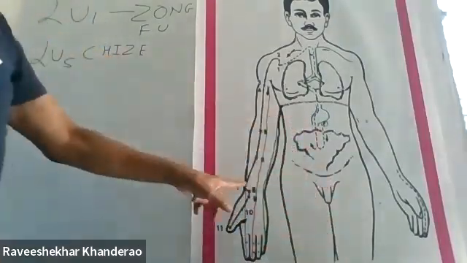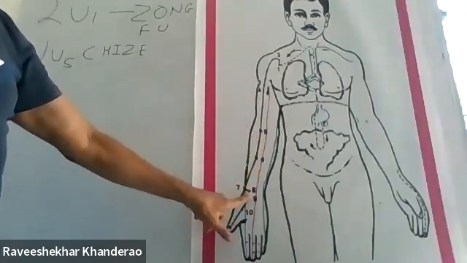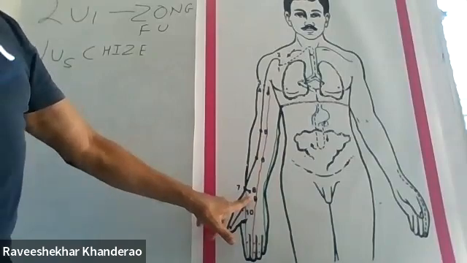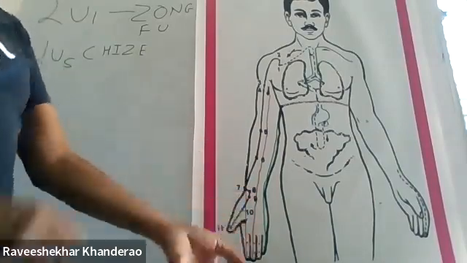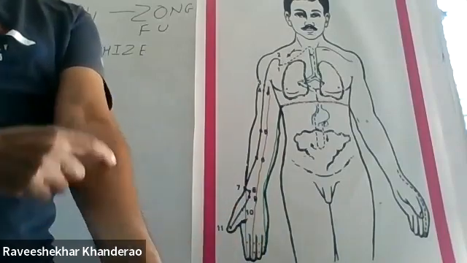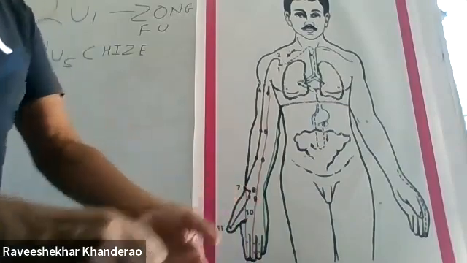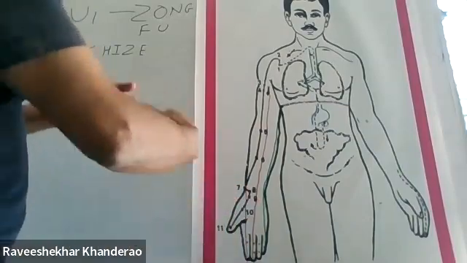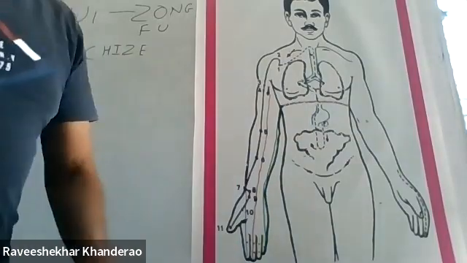See, this is the line. Yes, lung 7. The line comes from lung 7 to Pai Chun below on the radial side. Where is lung 7? How to locate lung 7? I am showing you just now.